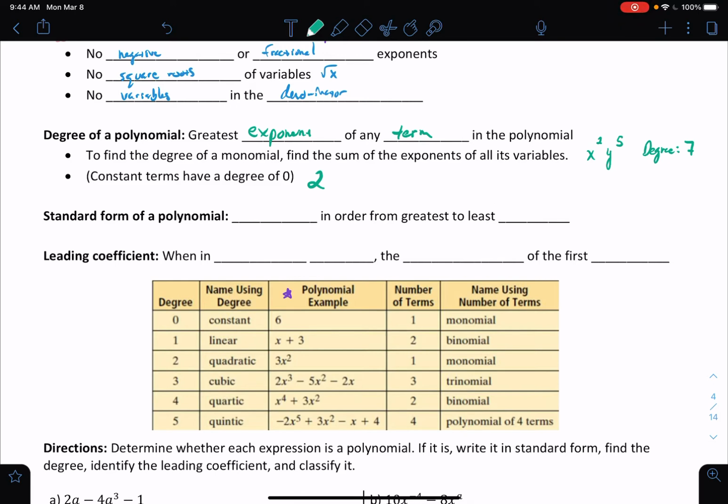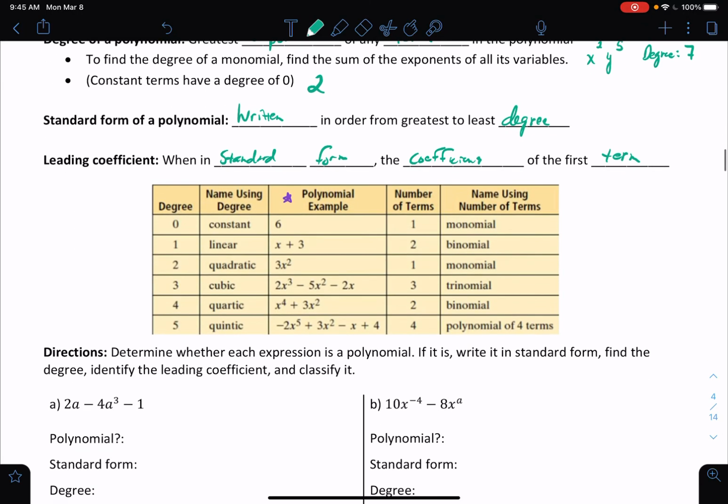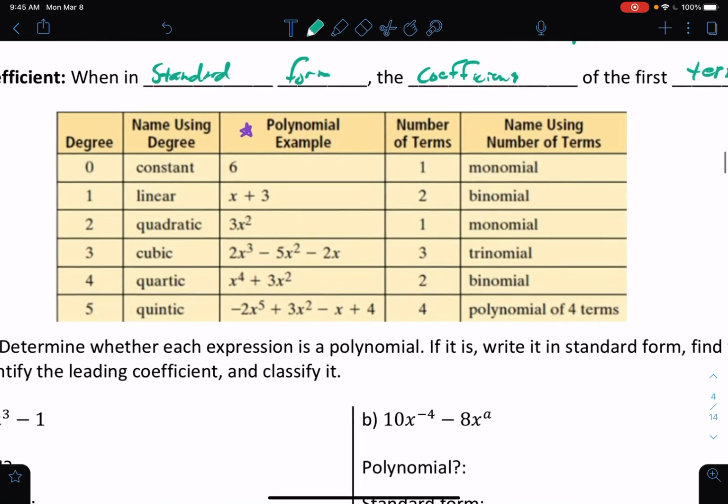All right? The standard form of a polynomial is written in order from greatest to least degree. And the leading coefficient, once it's in standard form, is the coefficient, which remember is just the plain old number, of the first term. Okay? So this chart really kind of helps set this up.